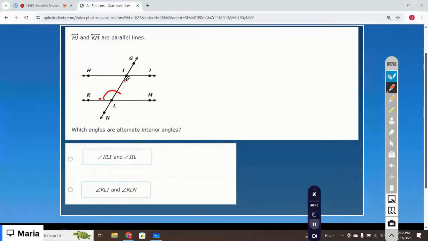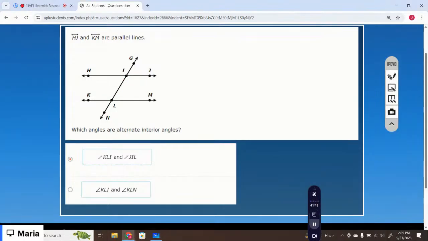KLI and JIL are the alternate interior angles. Option number 1 is the correct option.